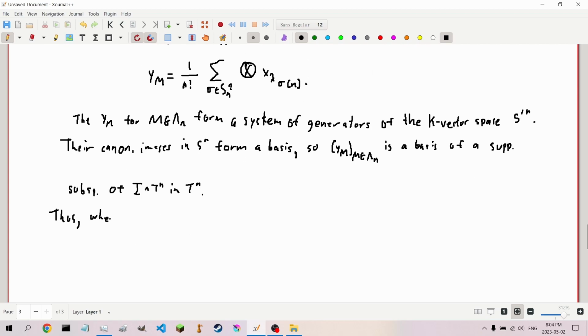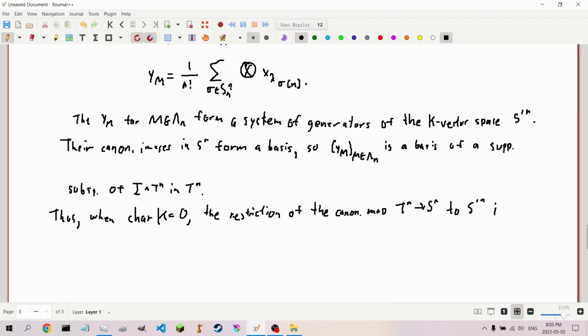Thus, when K is a field of characteristic 0, the restriction of the canonical map from Tn to Sn, restricted to S prime n, is an isomorphism of S prime n to Sn and so has an inverse.